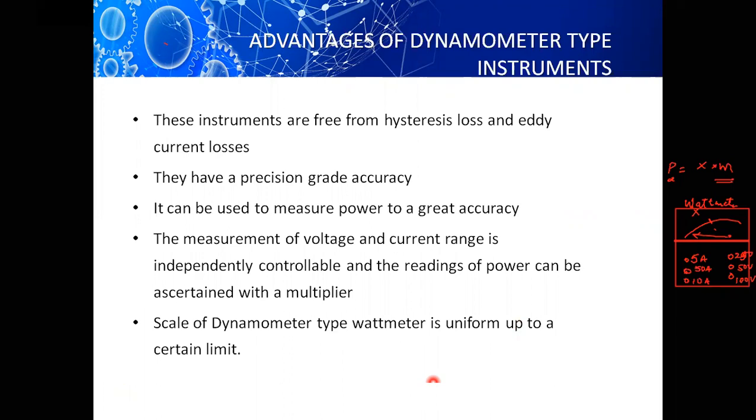But coming to power measurement, when we design it for a wattmeter, the angle of deflection is proportional to the power, and hence we don't have a power square there. That means, for spring control, we can have a uniform scale for the dynamometer type wattmeter, but that is also only up to a certain limit. This is also a very good advantage of the dynamometer type instrument.